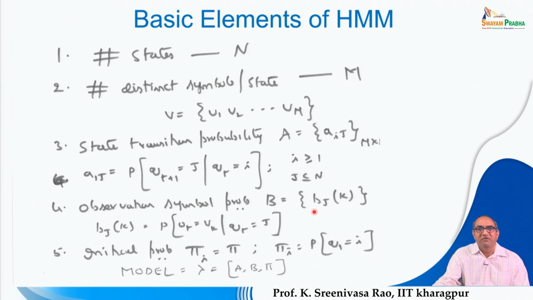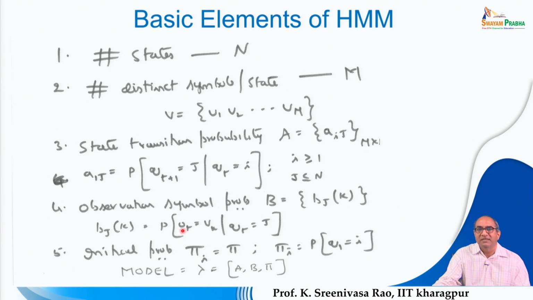So the observation symbol probability can be written as Bj of k, where j indicates the box number in the previous example and k indicates the color of a ball, Vk. Bj of k can be written as the probability of the observation symbol at time t, Ot, equals Vk, given that at that point the system is in state j.